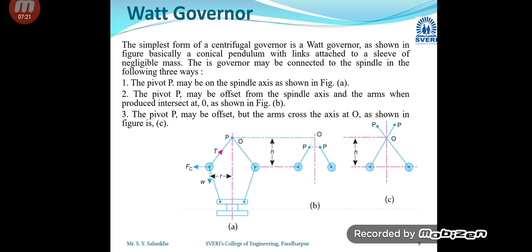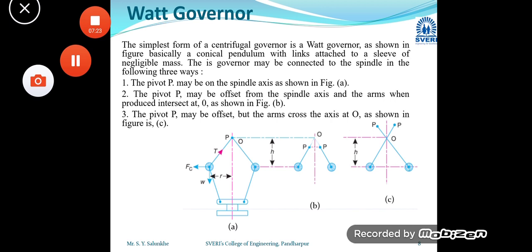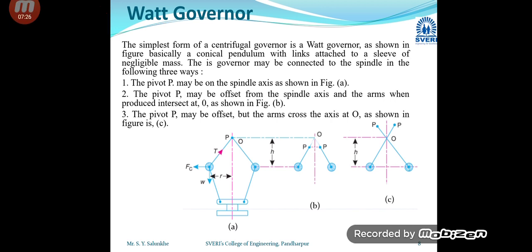When we look at the governor used in the engine, when this watt governor is considered, there might be three possibilities. When we have arms, the arms may interact with each other at the spindle.